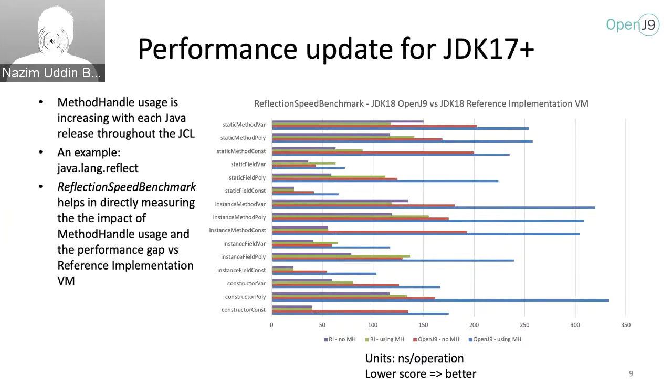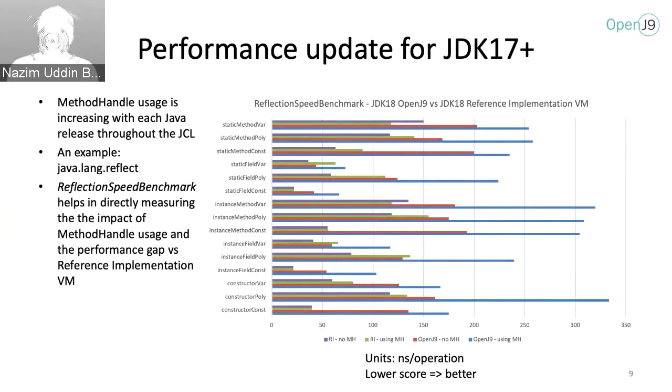With each Java release, we are seeing more and more usage of method handles throughout the JCL. An example of that is java.lang.reflect. The advantage of looking at the reflect package is that we have a benchmark that helps directly measure the impact of method handle usage in the reflection infrastructure, and we can understand the performance gap versus the reference implementation VM.